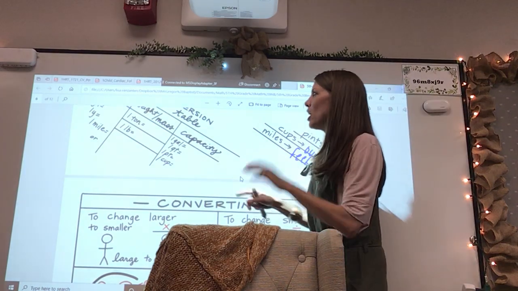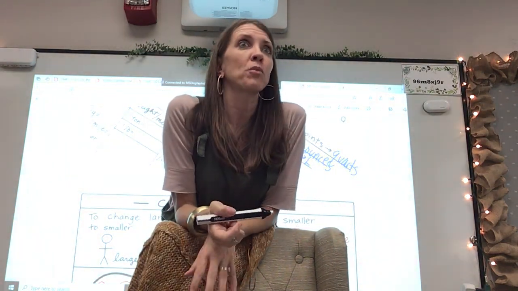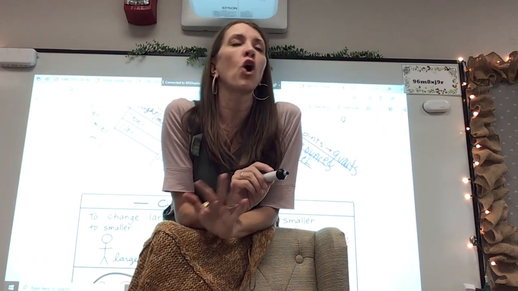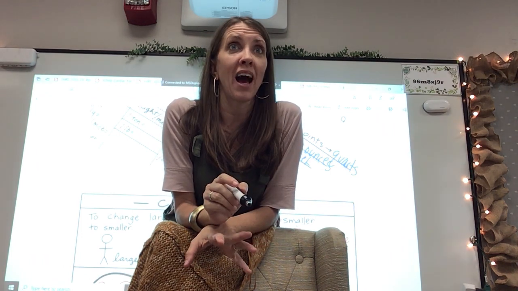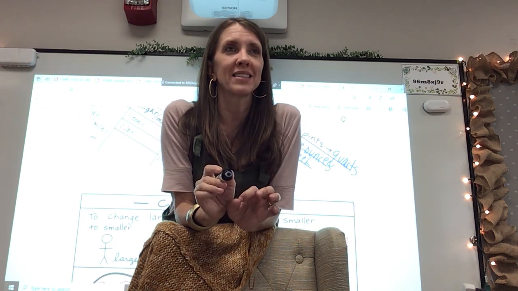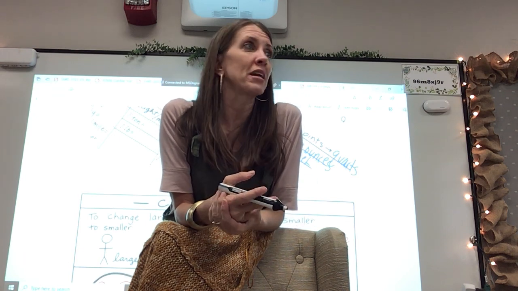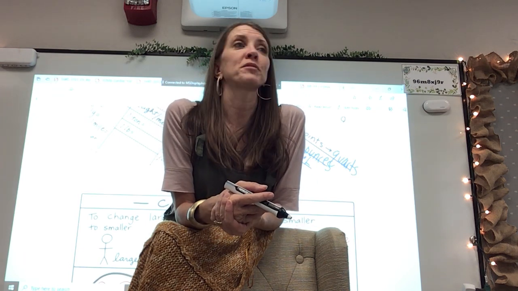Okay, what you learned last week, I'm really glad that there were so many amazing scores, almost entirely A's and B's on your English measurement special numbers, like how many feet are in a yard, how many inches are in a foot, how many cups are in a pint.